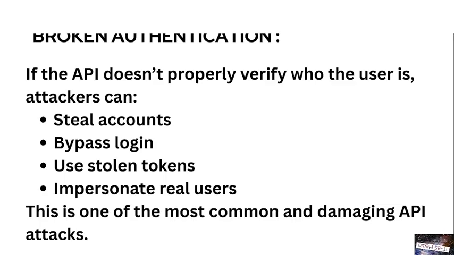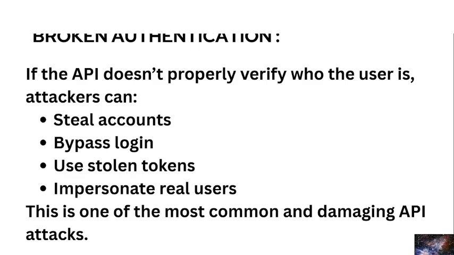So broken authentication is when the API does not follow that regular procedure to verify the identity of the user. The API just pours out the requested data without verifying who the assumed user is. That is what's called broken authentication.